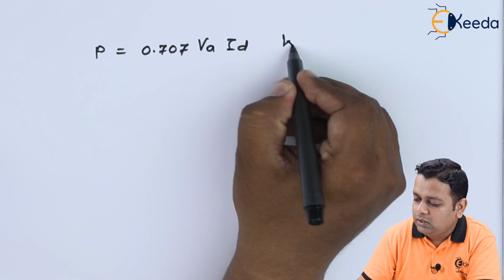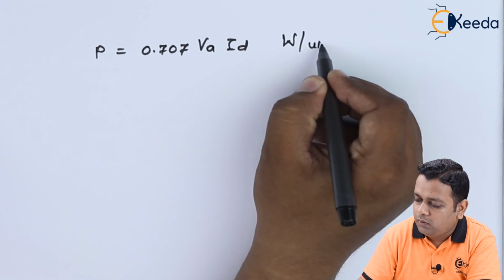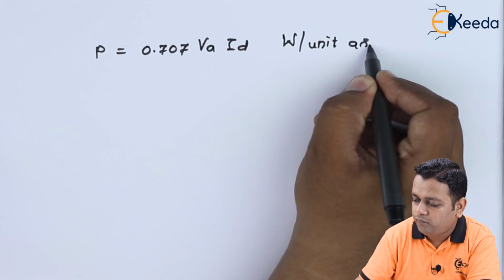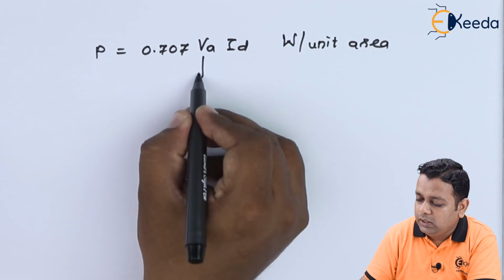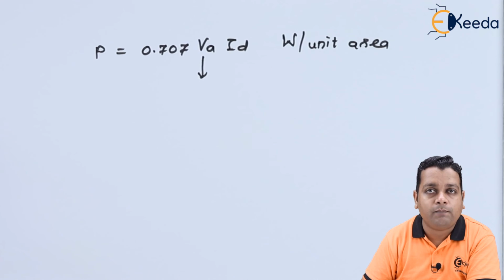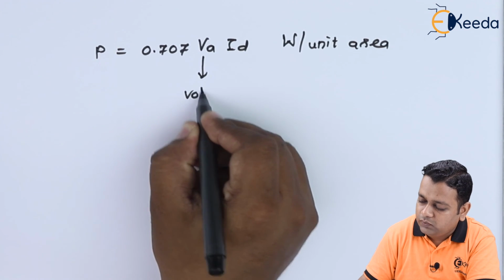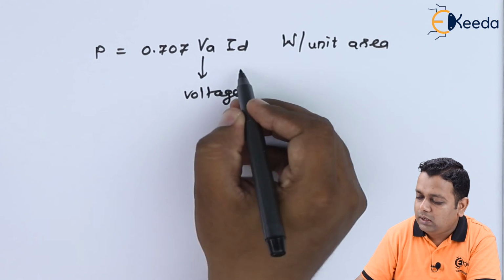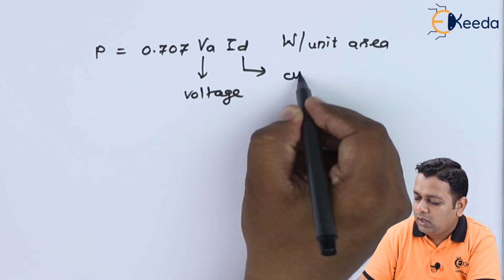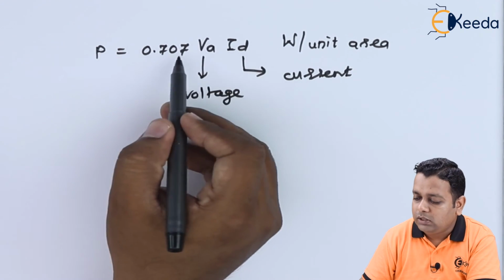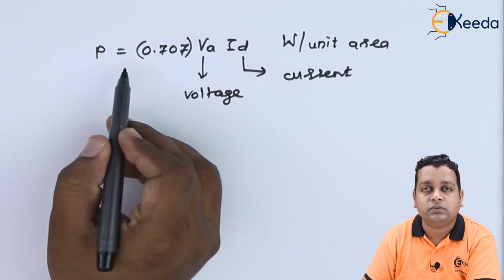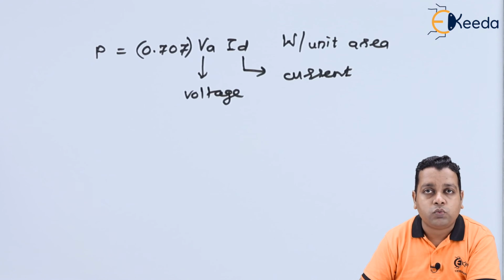This is measured in watts per unit area. VA is the amplitude of the applied voltage that we have shown, and ID is the direct current. A multiplication of the voltage and current with this constant value gives us the practically obtained output power with respect to this device operation.